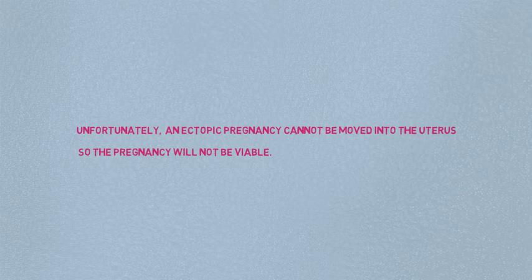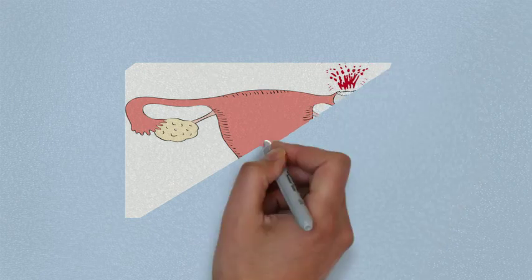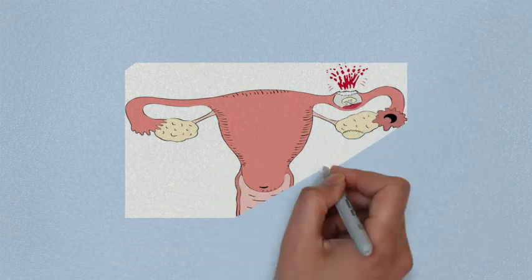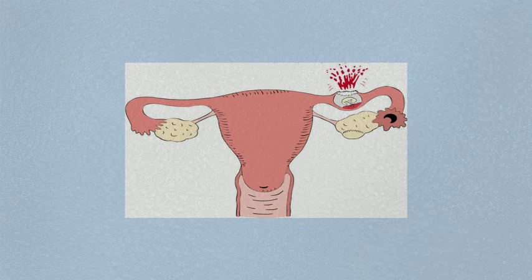It doesn't have the space to, and it's not the correct environment. The danger of ectopic pregnancy is that the pregnancy can progress in that the embryo can grow, but it doesn't have room to grow, and therefore this can lead to rupture of the fallopian tube, and this can be very serious for the mother.